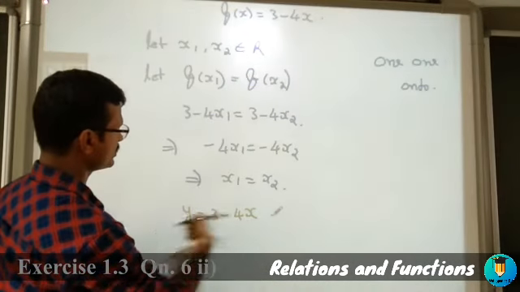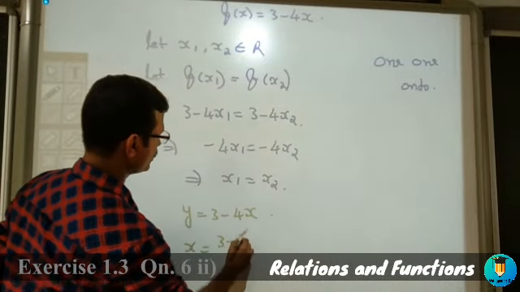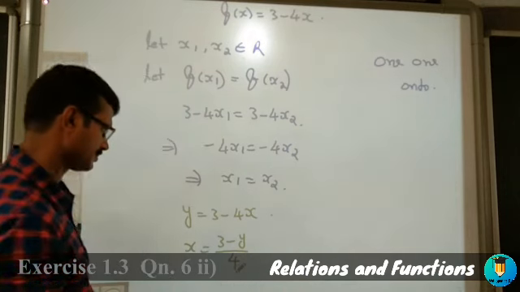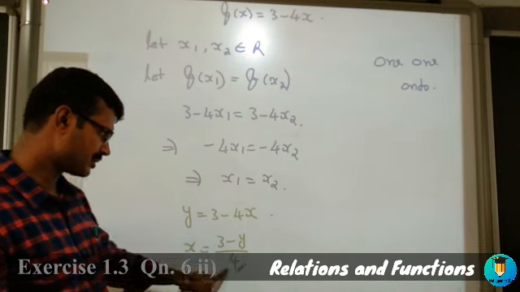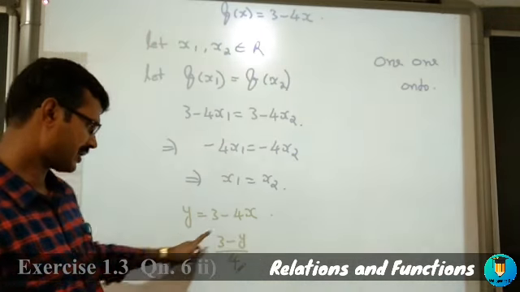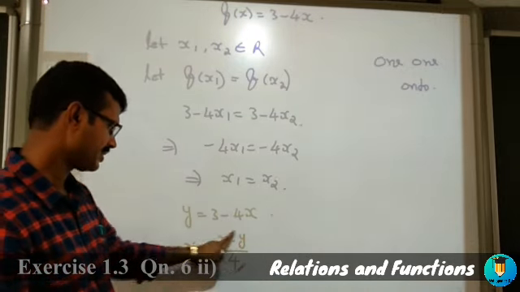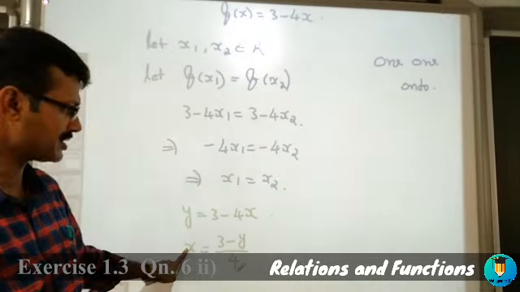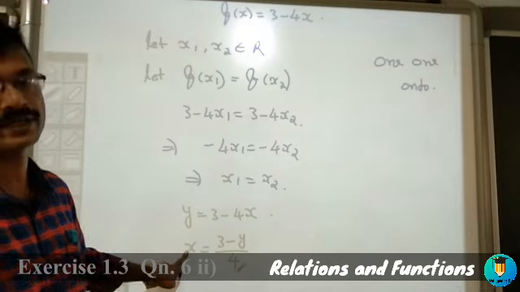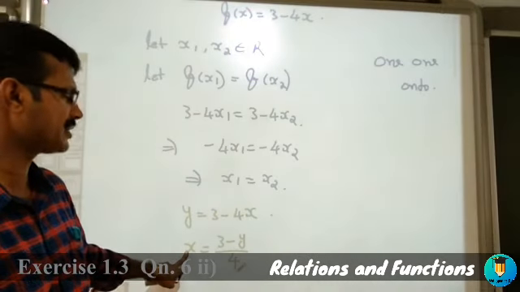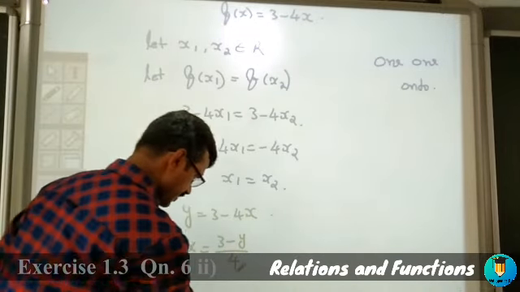From here I make x the subject: x is equal to (3 minus y) by 4. Since y is a real number, if you put any real number here, x is also a real number. That means for any value of y, there is a pre-image, which is also a real number. Therefore it is an onto function. That is one way of concluding.